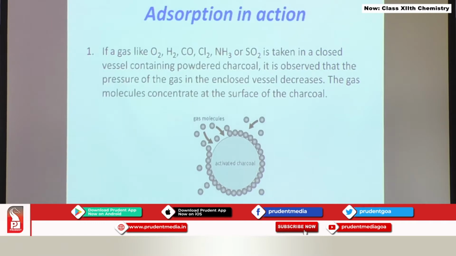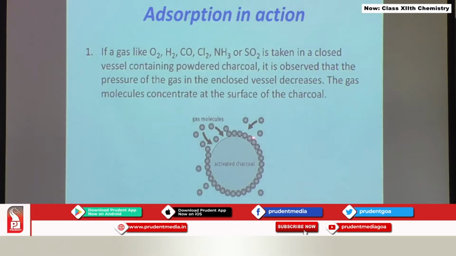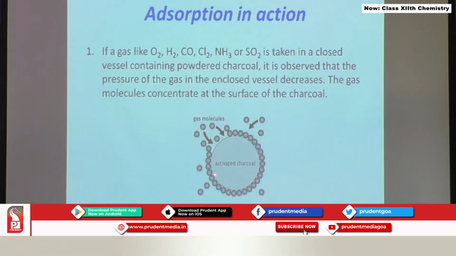Now, why does the pressure suddenly decrease? It is because some amount of these gaseous particles are getting adsorbed on the surface of activated charcoal. This is a charcoal particle, and see how the gaseous molecules are coming and settling on the surface of charcoal. So, because of this adsorption, the pressure inside the chamber decreases.